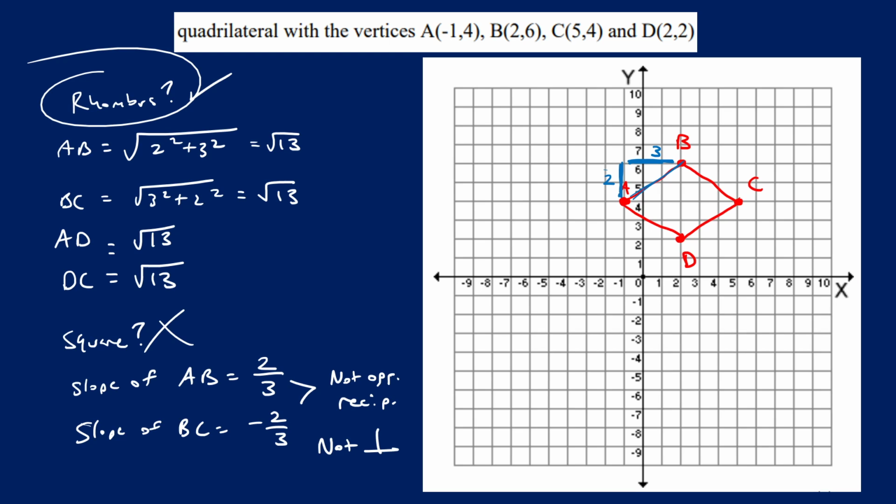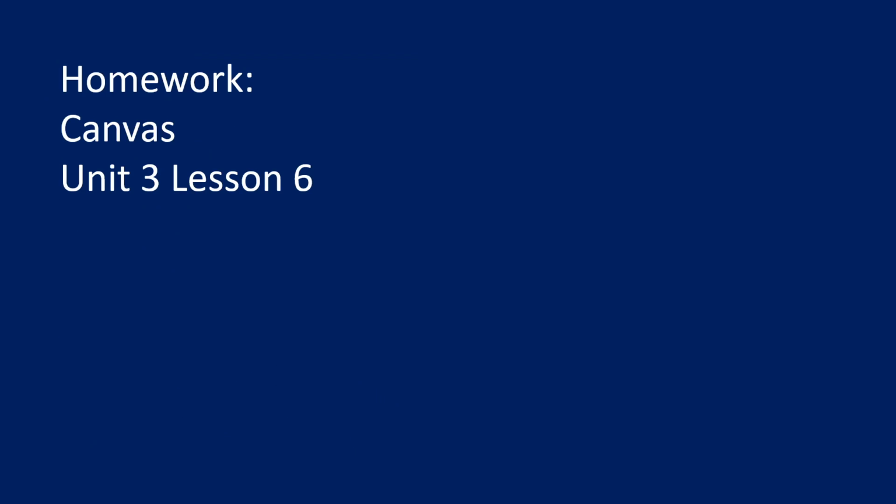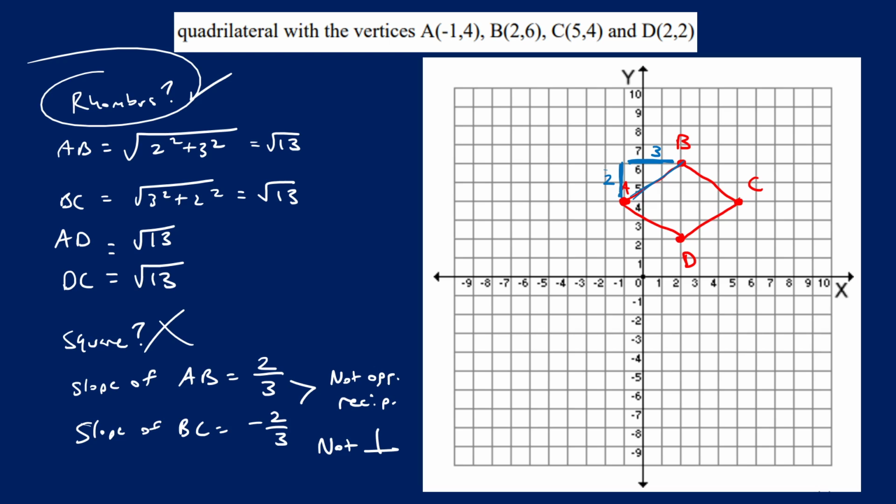Okay, so this is the idea. You are given a set of points. You need to decide what it is. If you're not sure, then the best thing to do is simply find everything. Find all the distances, all the slopes, because then you can decide if things are the same length, and you can decide if things are parallel or perpendicular. And from there, usually you're able to determine what kind of shape it is.